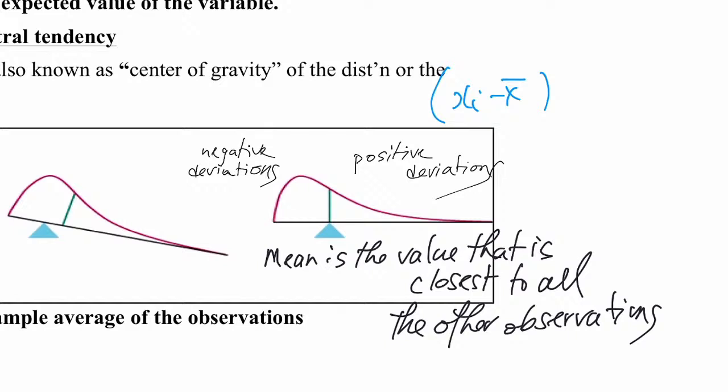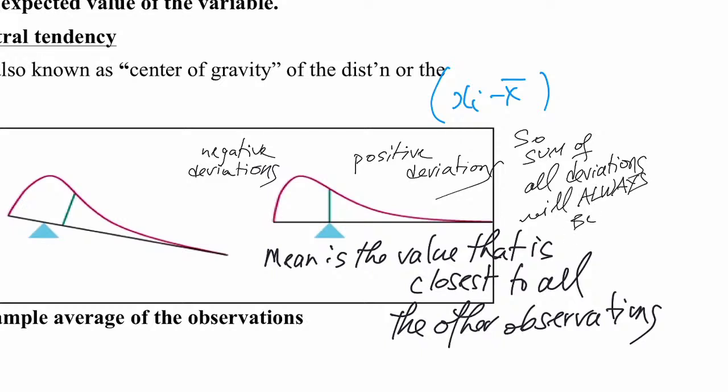And it turns out that if I add them all up, I'll get 0. So it's always going to be 0.